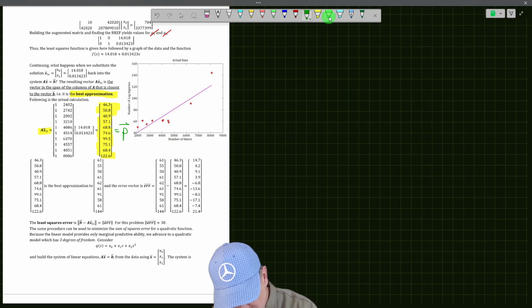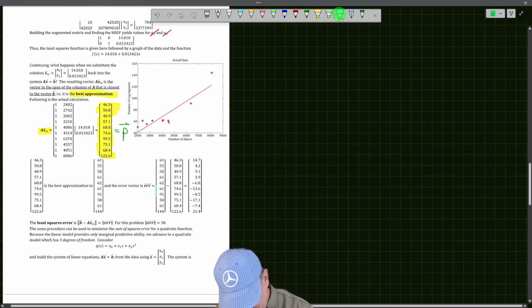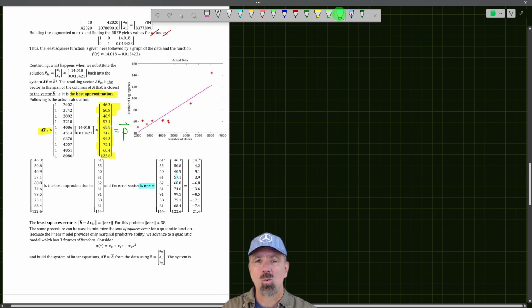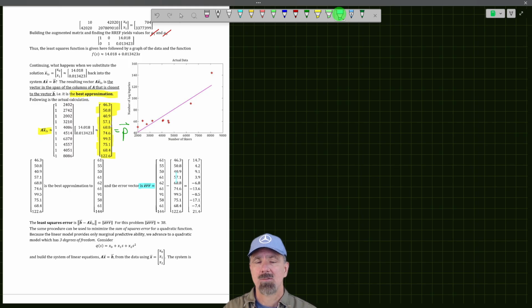The other thing that we can build is the error vector. The error vector is the difference between the actual data and our projection. And remember, that is going to be a vector that is orthogonal. We're interested in a couple of things with this vector.